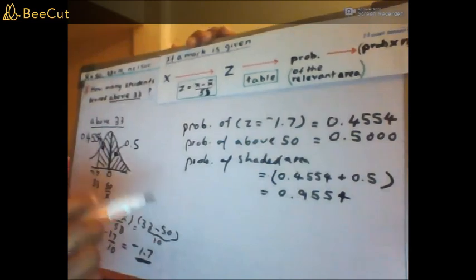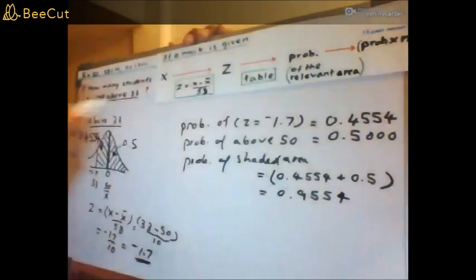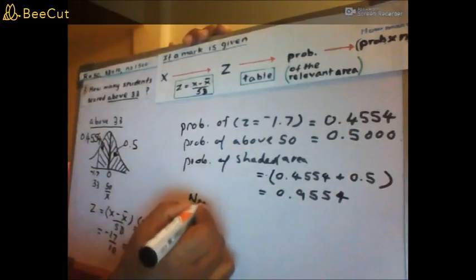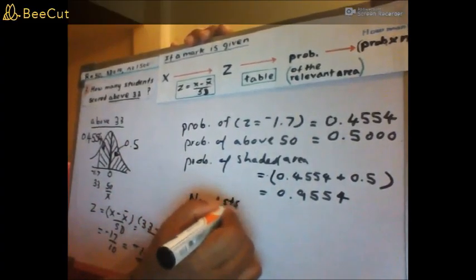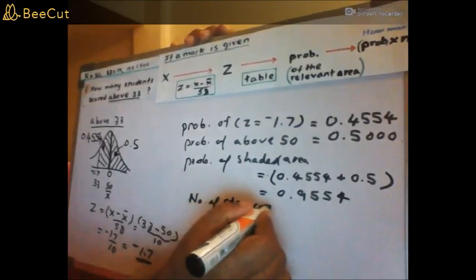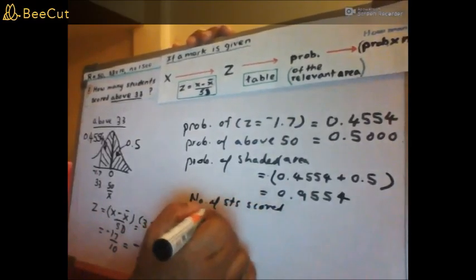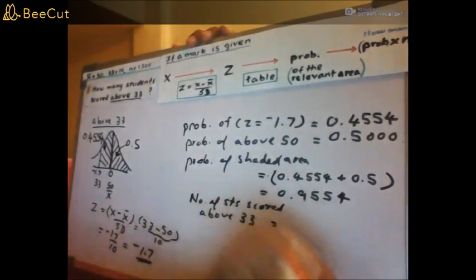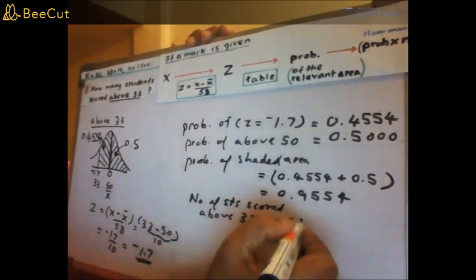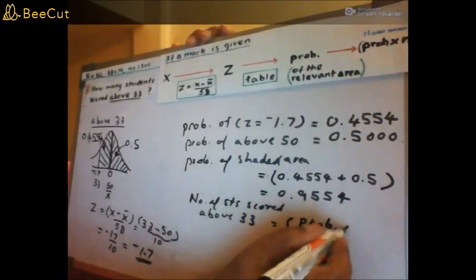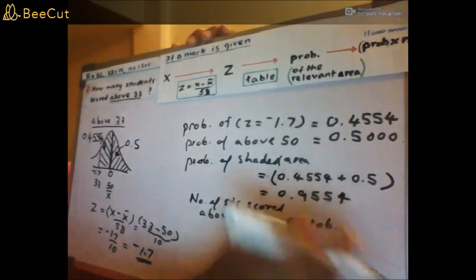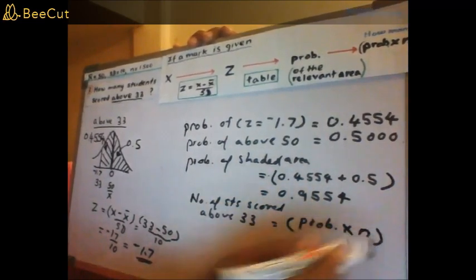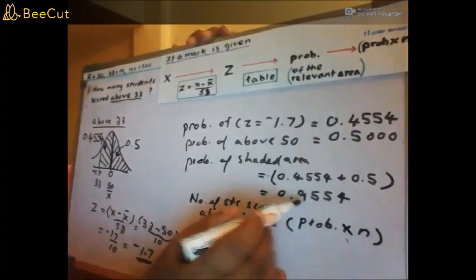Then what do we have to do? We have to find the number of students who scored above 33. Then write number of students scored above 33 equals probability into n. What is this probability? This one.